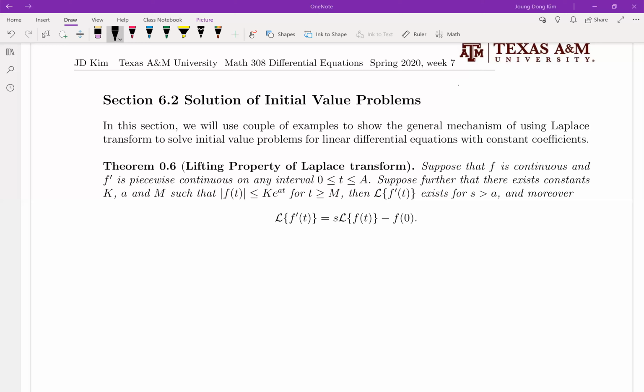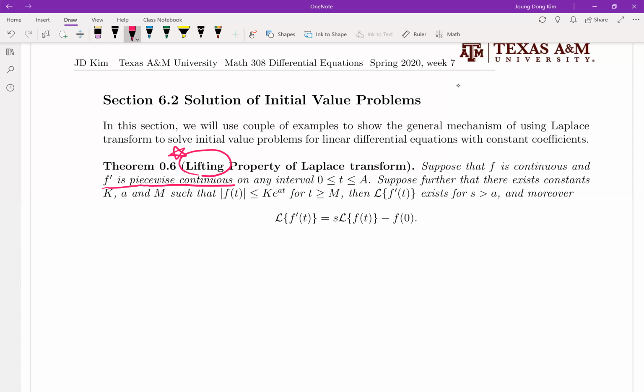The first one is lifting. This is really important for solving the differential equation, okay? So here we go. First of all, your function f is continuous, and another important part is that your f prime must be piecewise continuous in a given interval, okay?